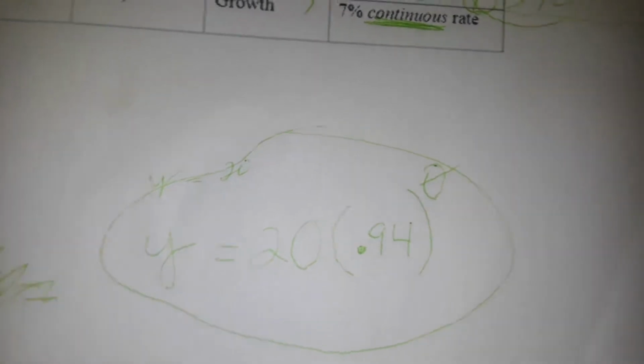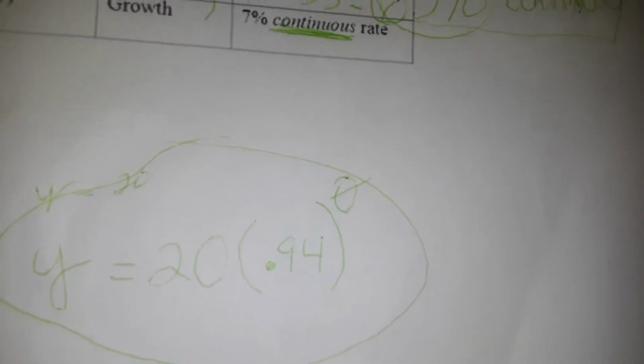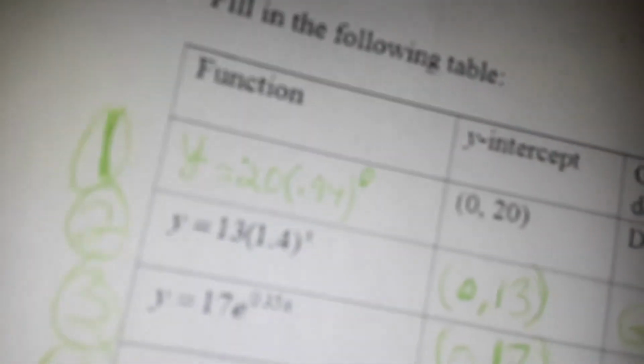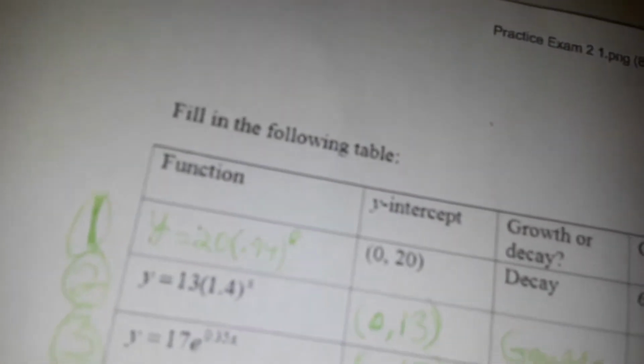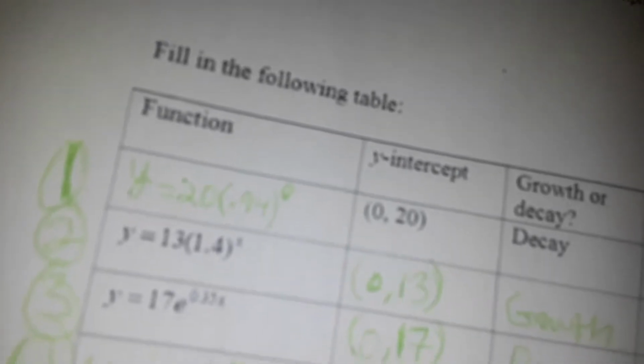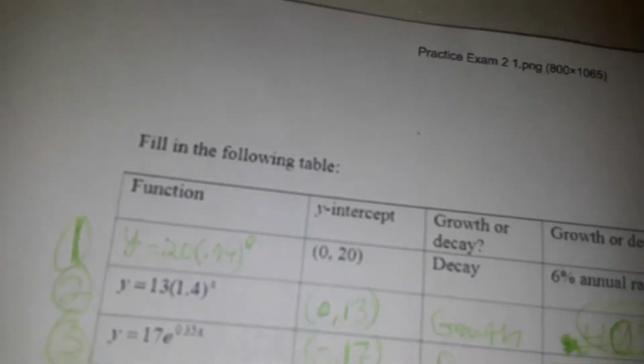Since x would be to the power of 0, that means 20 equals y. And we have over here 20 times 0.94 to the power of x, as I have there.